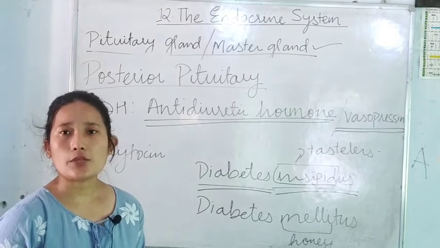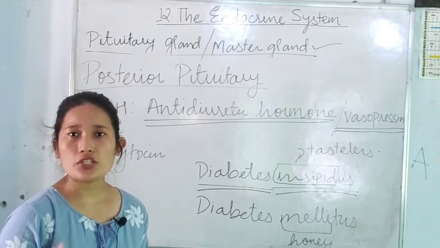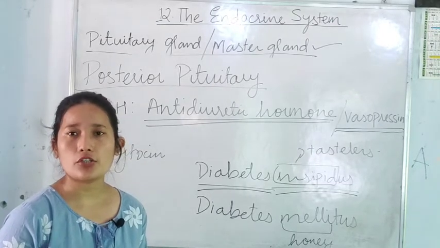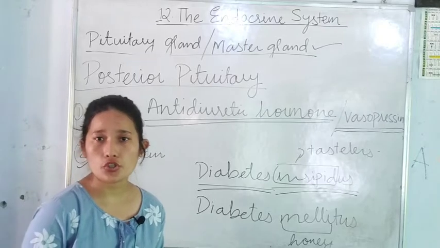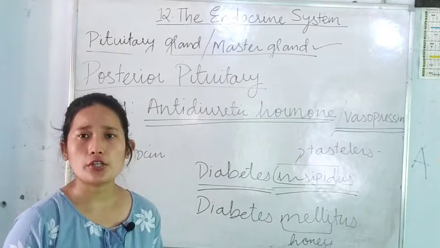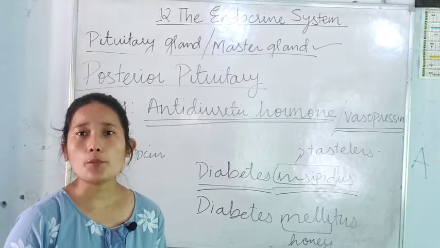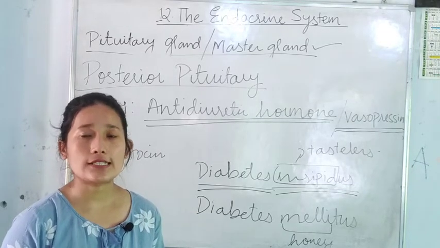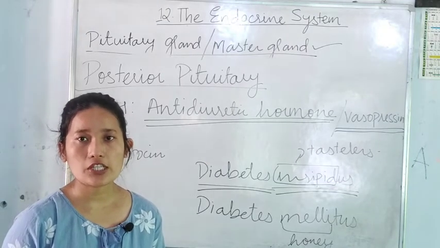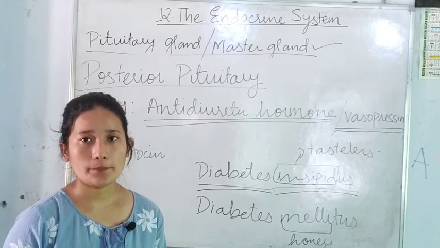So in mellitus, if there is more sugar in the urine, obviously your insulin is not performing properly, because insulin generally helps in conversion of glucose into glycogen, right? So more sugar in the urine means obviously your insulin hormone is not secreted in a proper amount. So that's why in the disease diabetes mellitus you are releasing more sugar in the urine, okay.